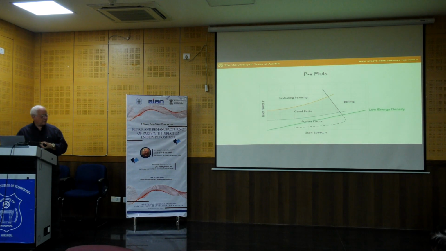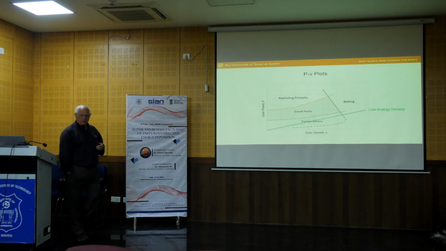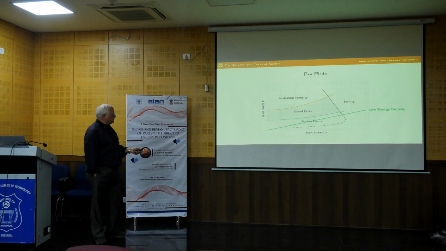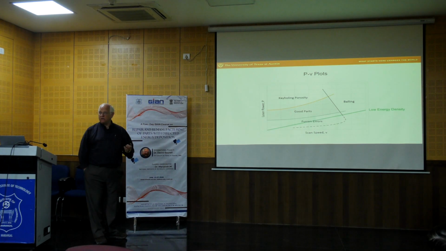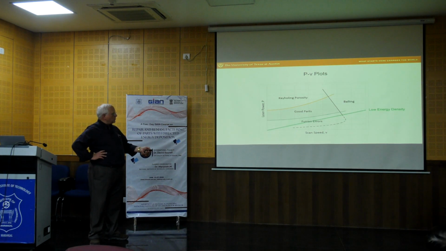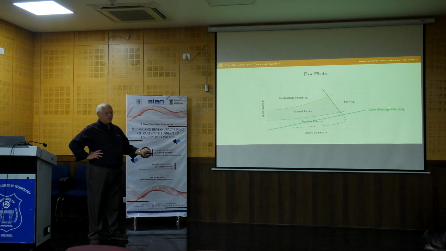Okay, so for example, there's some other things we can do. If I construct a line here like this, it's basically a line of constant energy density. Because remember, the slope of a line coming from the origin outward is going to be P over V, right?